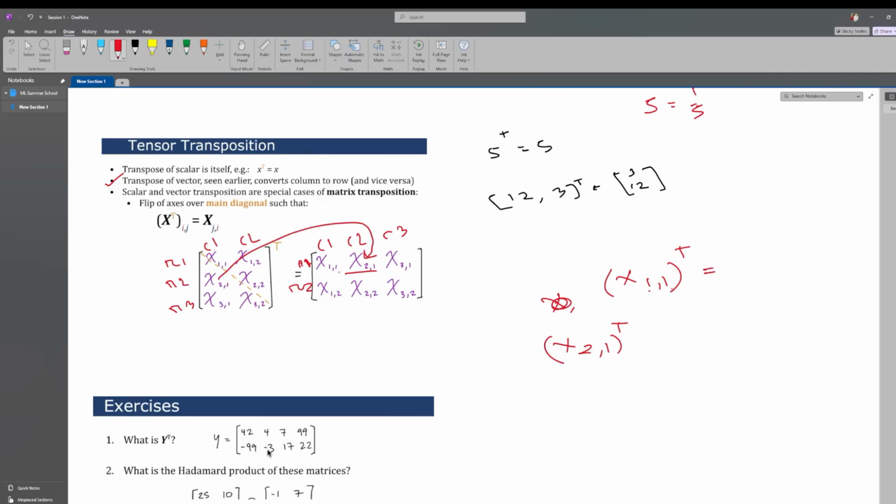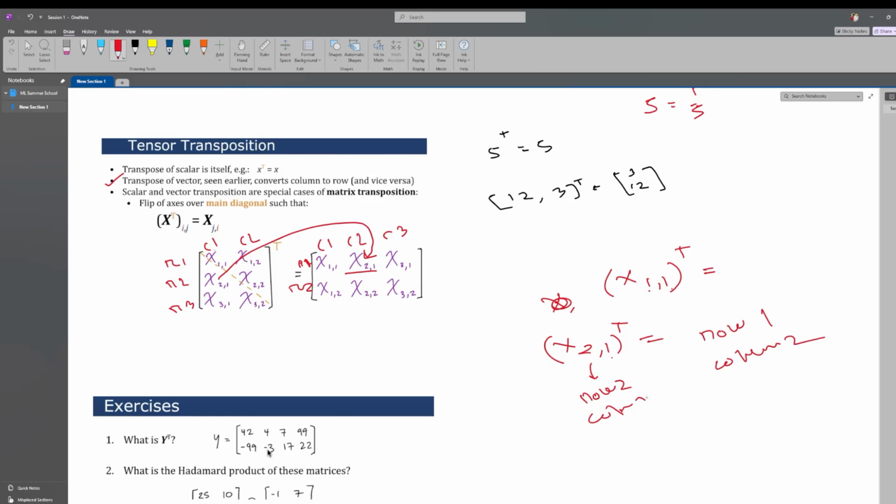It was in row 2 column 1, but now it flips and goes to row 1 column 2.